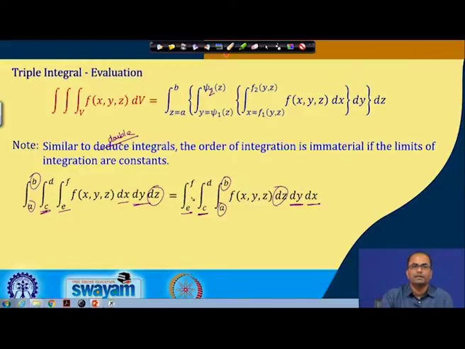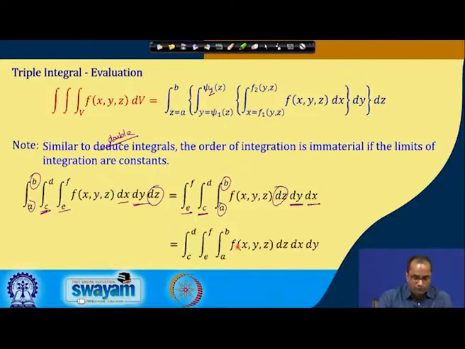So, simply we can change the order if the limits of integration are constant. Also, we can further change the order to dz, dx, dy, and the corresponding limits will again sit over the integrals.